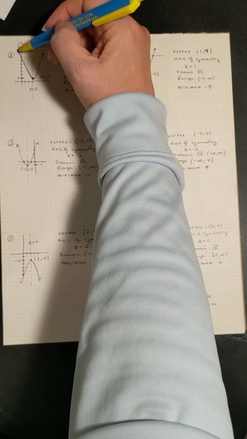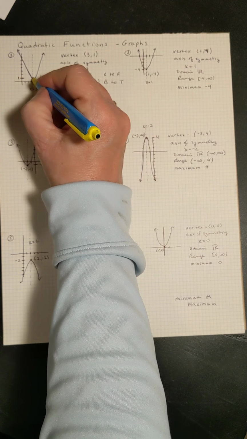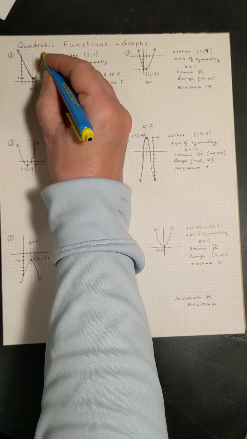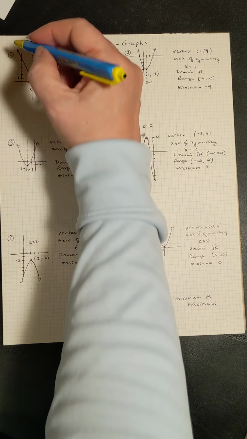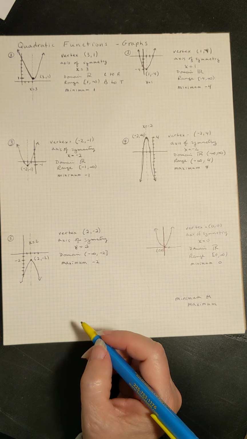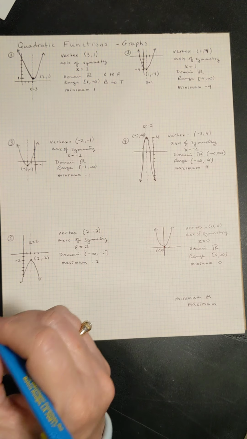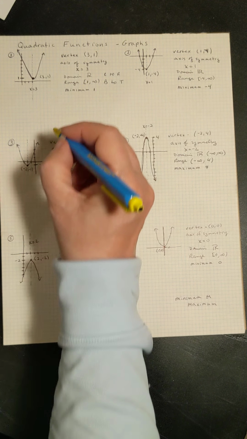So notice here it would be decreasing because it's going down, but then at the vertex it turns around and goes back up. So it's decreasing here and it's increasing here. So when I'm talking about increasing and decreasing, I always use my x coordinates.